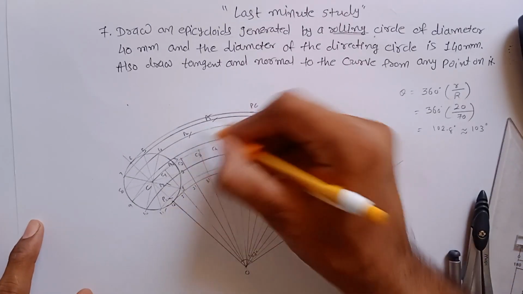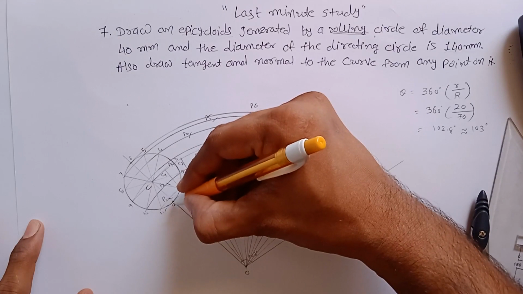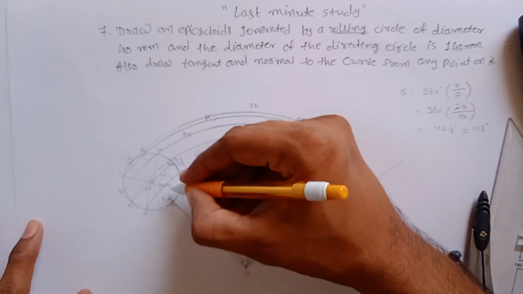Now join all the points with a smooth curve, with a thin line.